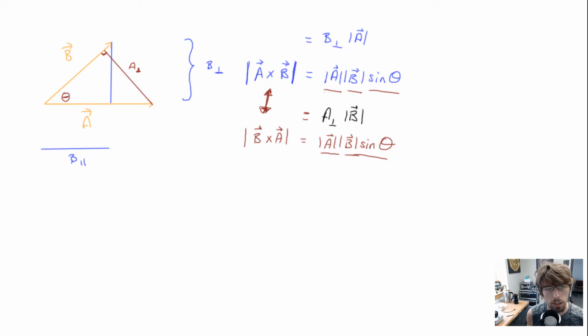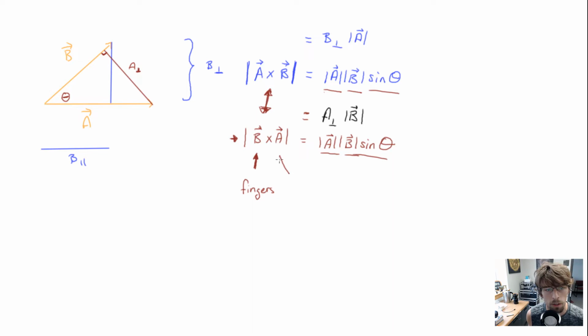Now, I mentioned the right-hand rule before. Perhaps this would have been better suited right here. This is how you do the right-hand rule: whatever vector is the first vector in your cross product, that's the direction your fingers point. So it's a positional thing. Fingers always go in the direction of the first vector in the cross product.